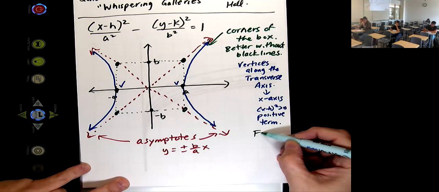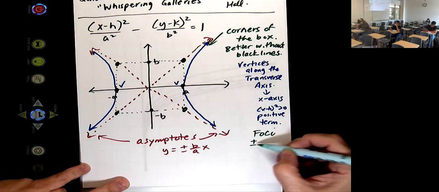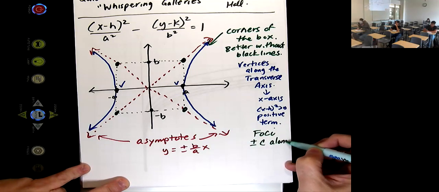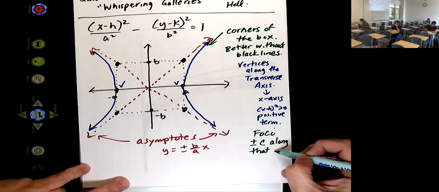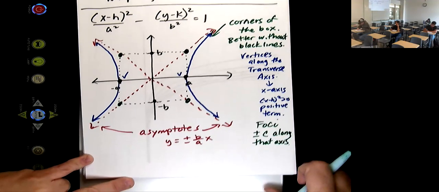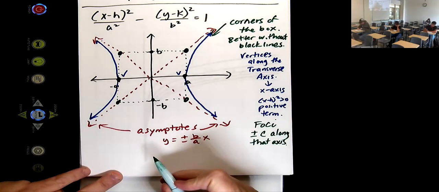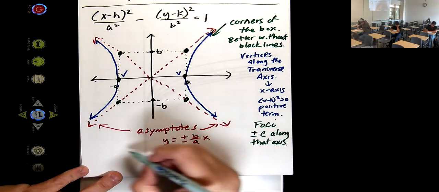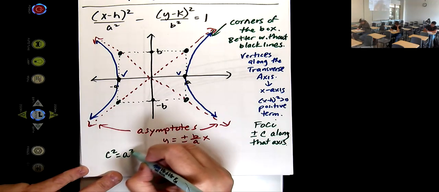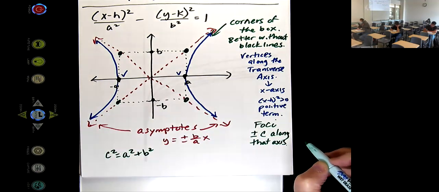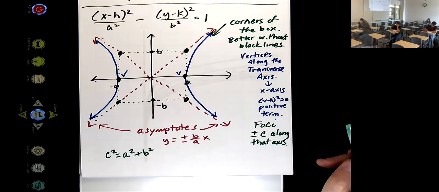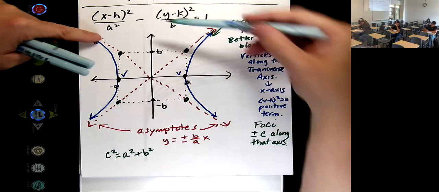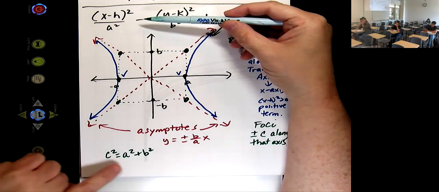The foci again are at plus or minus C along that axis. But C's calculation is slightly different. C squared equals A squared plus B squared. Which is funny because the ellipse, this has a negative sign in the equation, but the C has a positive.